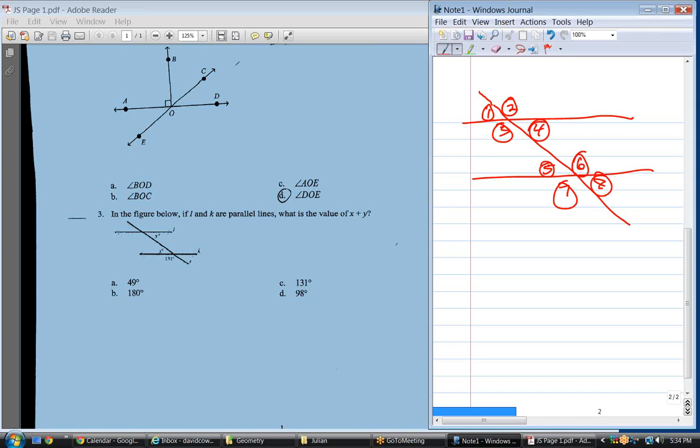I want you to tell me what is true about angles 2 and 3. They are, I forget the word. Okay, the answer is going to be they are either supplementary or they are the same.